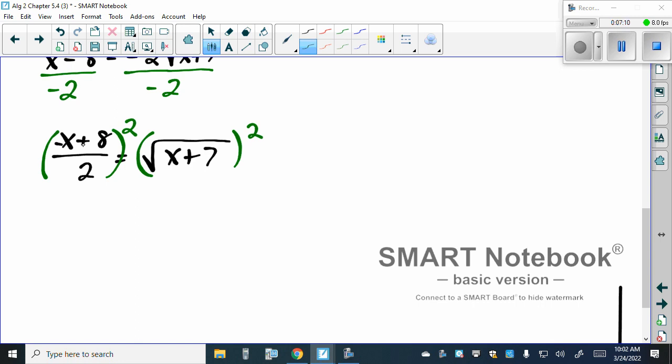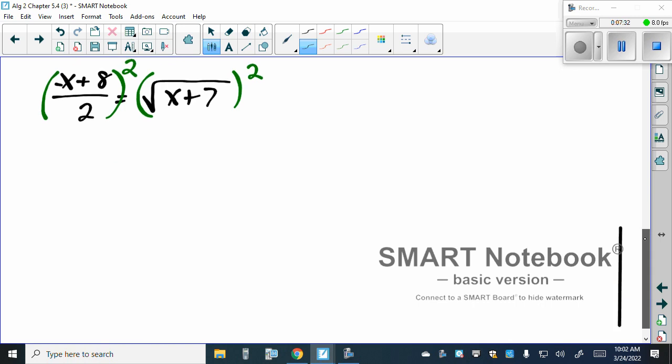That would be perfectly fine too, because the negative 2 that we divided by, we can take that negative and move it to the numerator. But if we do that, we're going to change the x from being positive to negative and the 8 from being negative to positive. And we could do that, or we can leave the negative in the denominator. Either way works. Good question.